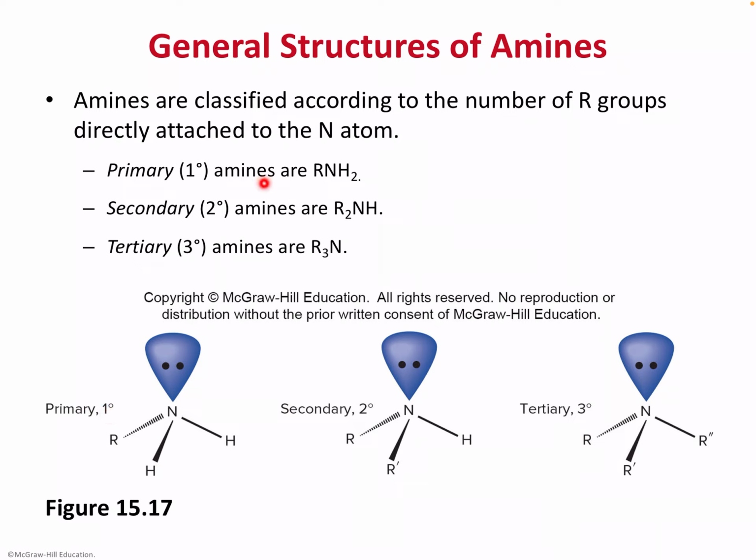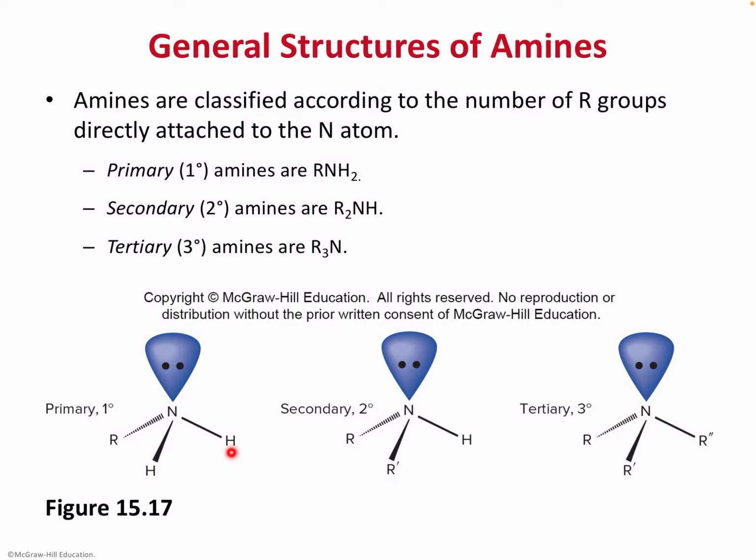Primary amines are RNH2. R is the carbon where nitrogen is attached, and on the nitrogen you have two hydrogens. RNH2, primary amine. When one of the hydrogens is replaced by another alkyl group, they are secondary amines.